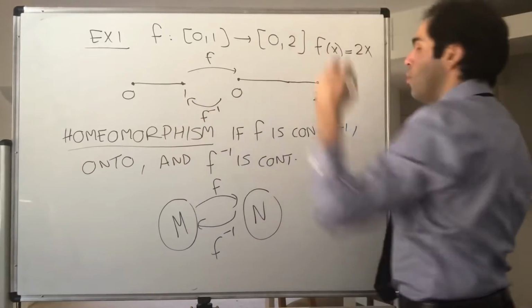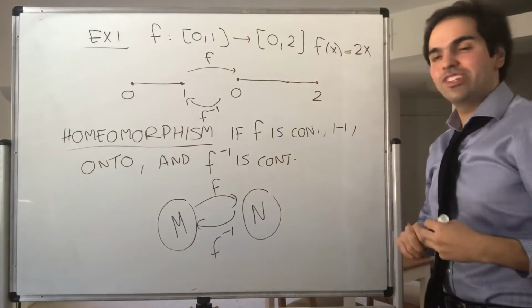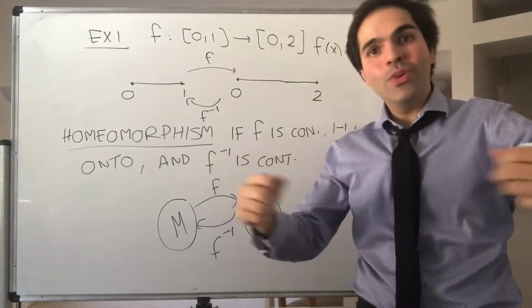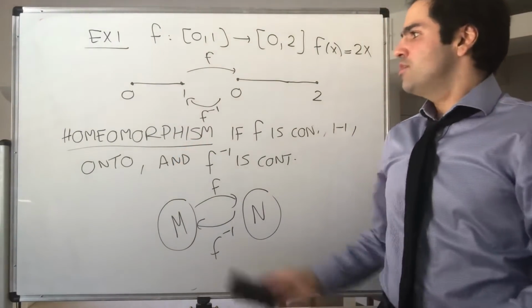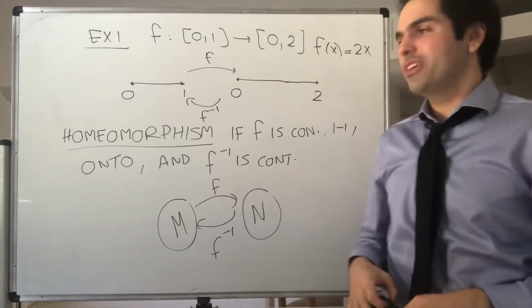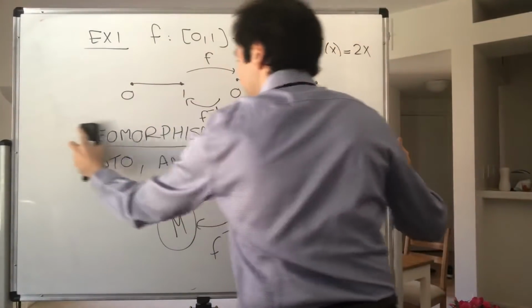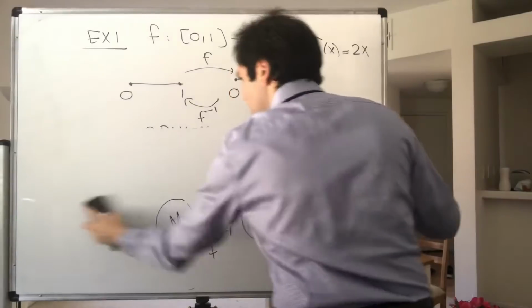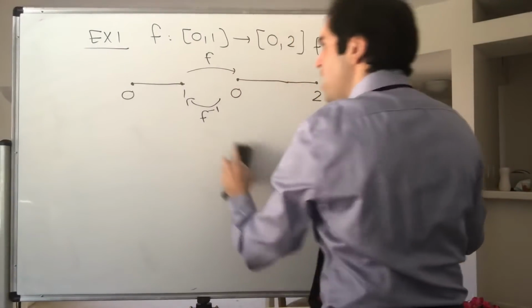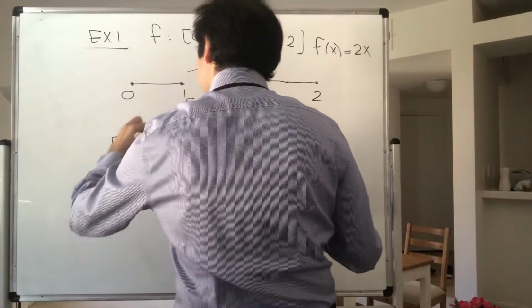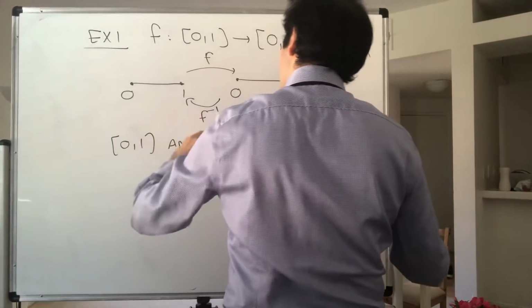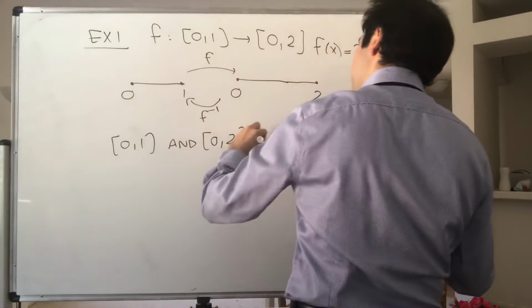It's the map x/2, which is also continuous. So what you're doing is just stretching the interval and then compressing it back. So in topology, they're pretty much the same shape. In particular, you can say that the intervals [0, 1] and [0, 2] are homeomorphic.